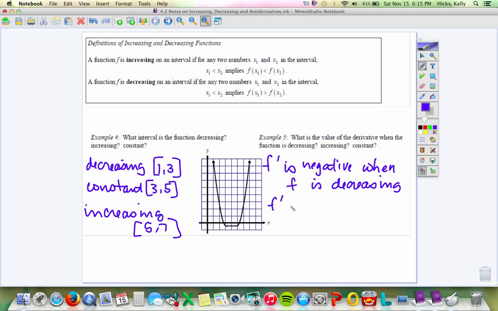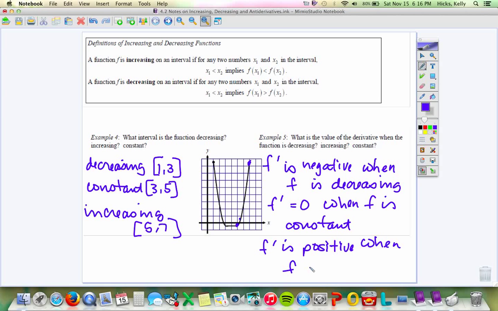The derivative is equal to 0 through here. The slope is equal to 0 when the function is constant. And then, of course, from 5 to 7, the derivative is positive and the function is increasing.